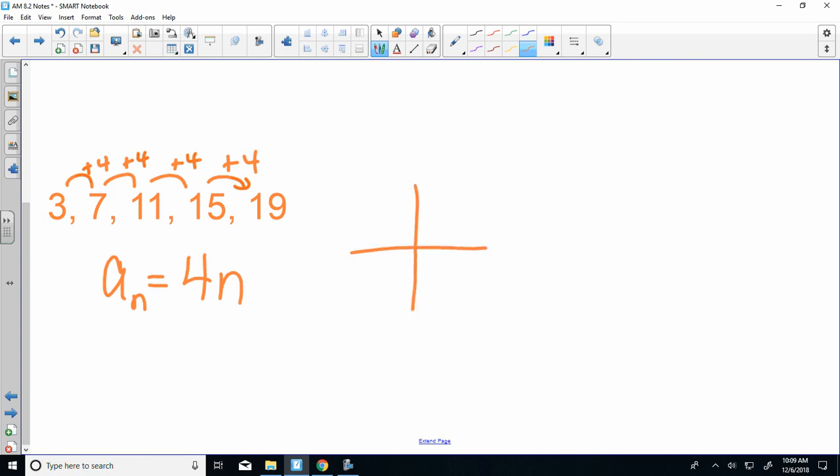Well, you know that the coordinate 1, 3 is there because of this point. And if our constant difference is 4, that means our next value is 4 from that, which would be down here at a negative 1. So it is 4n minus 1. So basically this right here is considered the zero term.